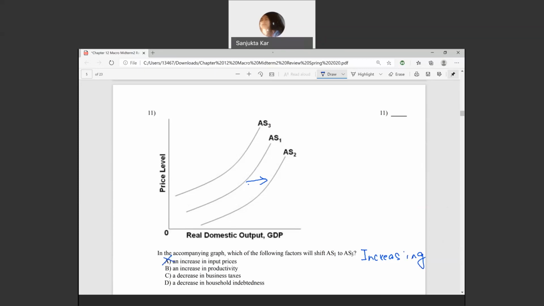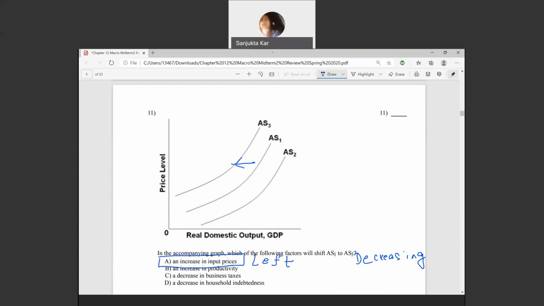This will shift the aggregate supply to the left. Increase in productivity. Oh, okay, it is AS1 to AS3. My bad. That means the aggregate supply is basically decreasing. Sorry about that. Increase in input prices. Yes, this is the answer. This is going to shift the aggregate supply curve to the left.